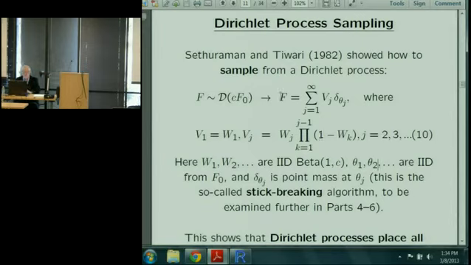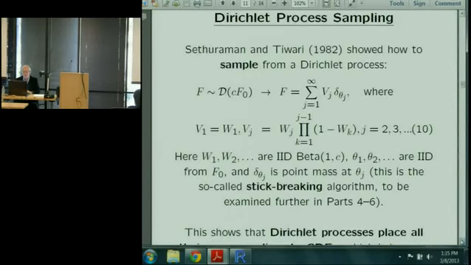And this particular representation, that F is a weighted sum of point masses, means for absolutely sure that the only kinds of CDFs you can get from a Dirichlet process are discrete distributions, because they are weighted point masses.